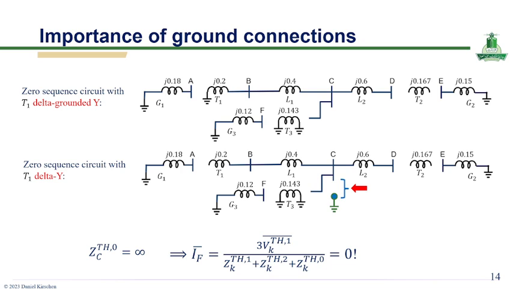This demonstrates that without proper grounding, ground fault currents cannot circulate, emphasizing how transformer connections and grounding strategies fundamentally determine system protection behavior and fault detectability.